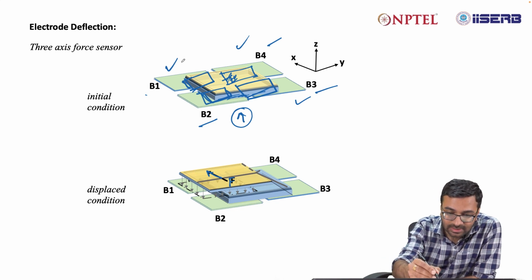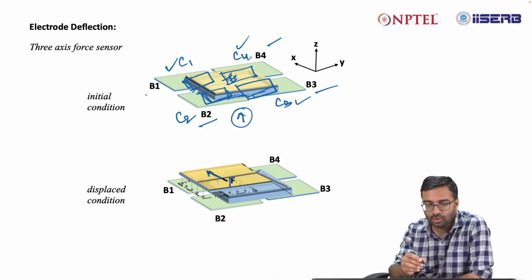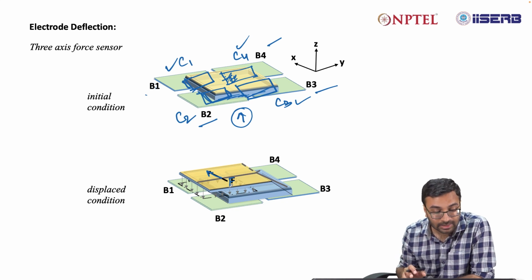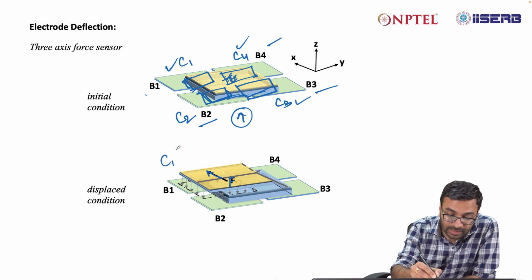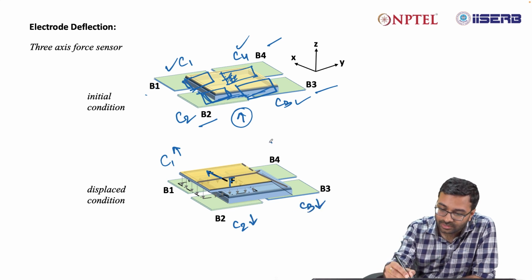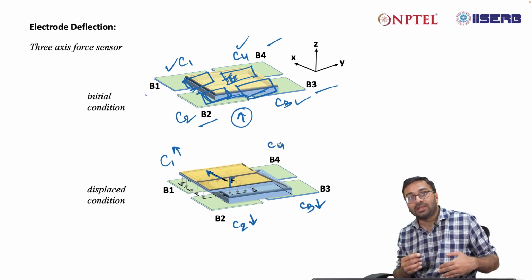Say the top electrode and B1 capacitance is C1, top electrode and B2 capacitance is C2, top electrode and B3 capacitance is C3, top electrode and B4 capacitance is C4. Now because you have applied a force on the top electrode and it is in a displaced condition, C1 will increase, your C2 value may decrease, your C3 value will decrease, and your C4 value may increase or decrease depending on in which direction you apply the force.